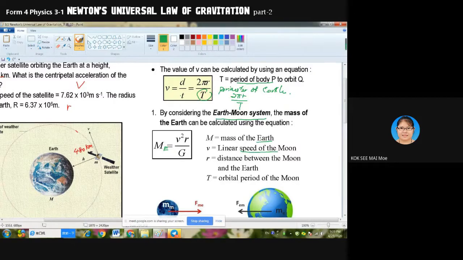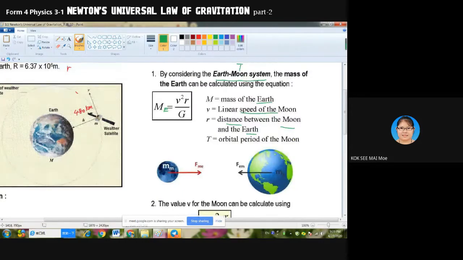V is the speed of the moon. R is the distance between the moon and the earth. T is the orbit period of the moon. So just one formula is related to the Earth, and the others, V, R, T, are related to the orbiting object.